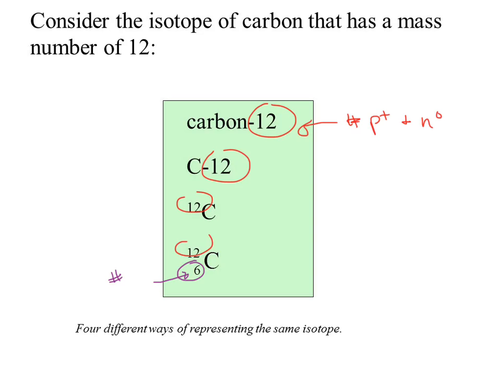What's 6? The number of which subatomic particle? Protons. And you actually could get that from the periodic table. Put another way, somebody has to give you this. You don't get this from the periodic table.